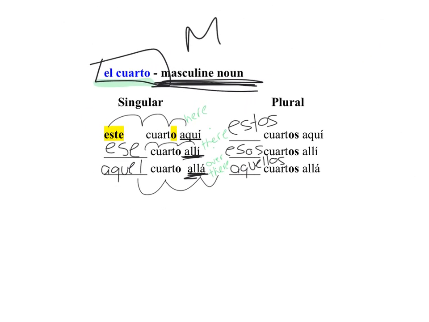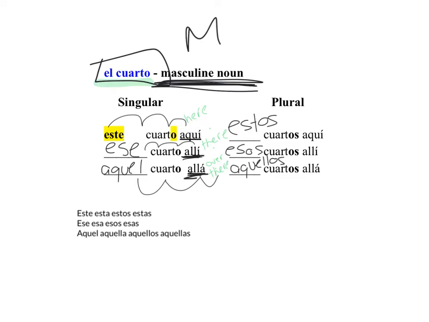Okay. So again, we have three charts. Este, esta, estos, estas. We have ese, esa, esos, esas. And then we have aquel, aquella, aquellos, and aquellas.